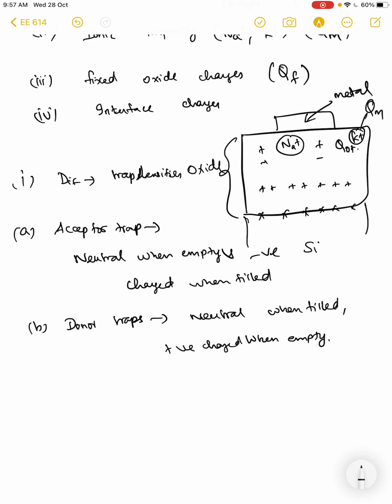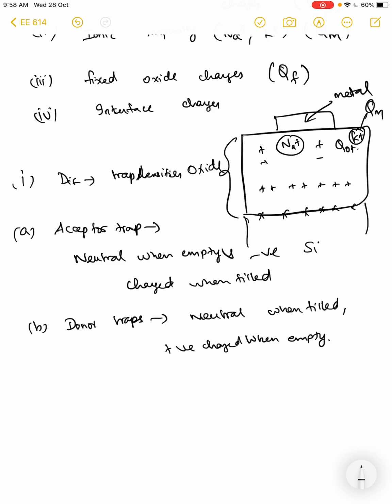The nomenclature is pretty understandable, right? So a donor trap acts as a donor dopant, as we saw before, and the acceptor trap is neutral when empty, and when it takes an electron it becomes negatively charged, donating sort of a hole.